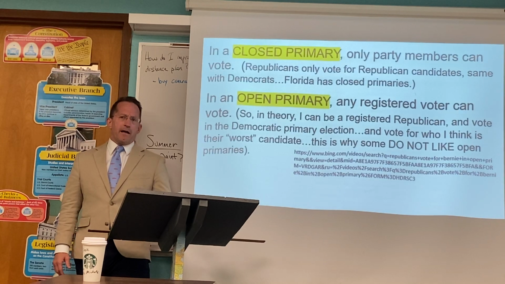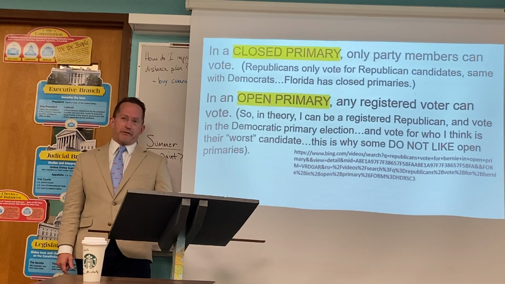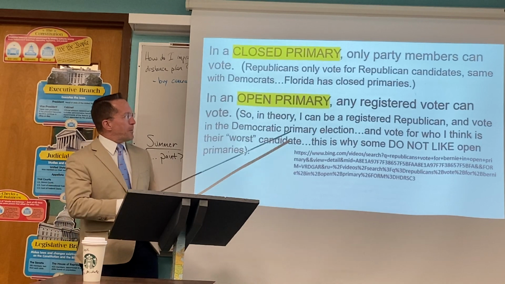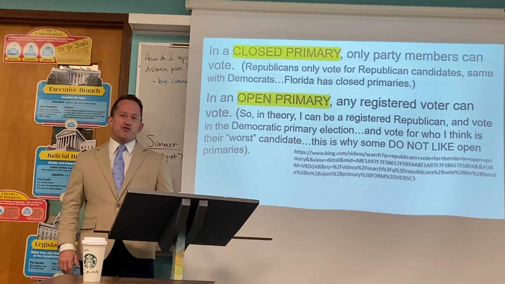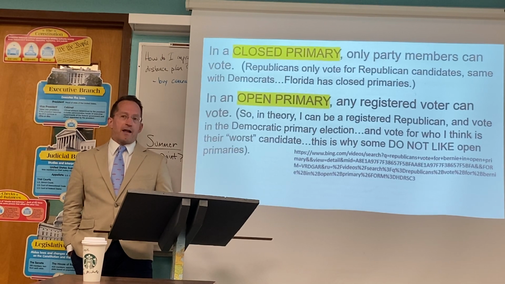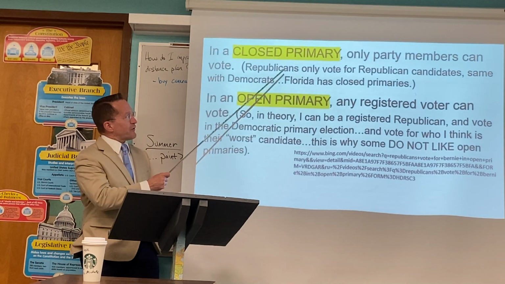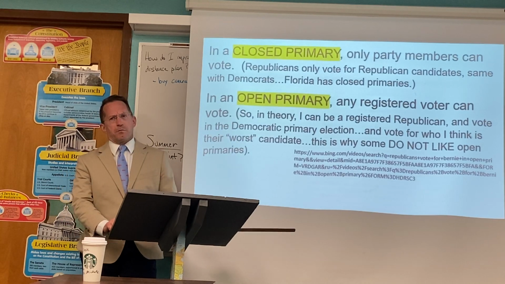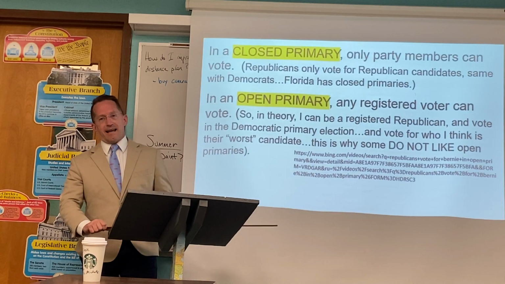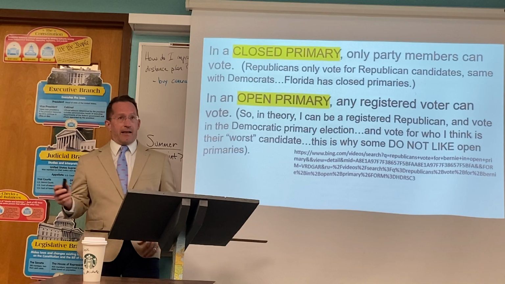Think of it as you're playing a sport and you can choose your own schedule, and you're like, gee, I'm going to play all the weak teams. So in an open primary, you're basically choosing your opponent. Most states don't have open primaries. Most states are like Florida, which have closed primaries. Maybe tricky to understand. If you really don't get it, click that link on the slideshow in Files.